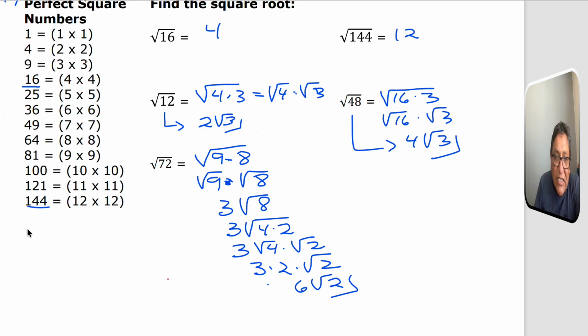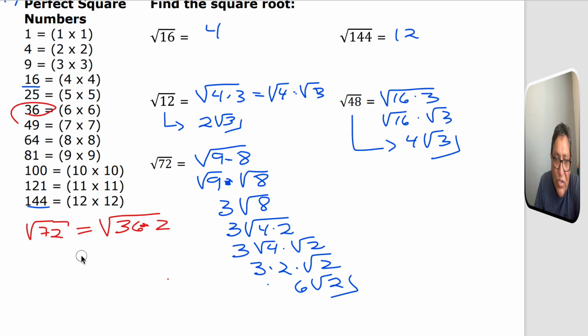But you can do it in a different way also. I remember that the square root of 72 is the same as the square root of 36 times 2, correct? And 36 is a perfect square number right here.